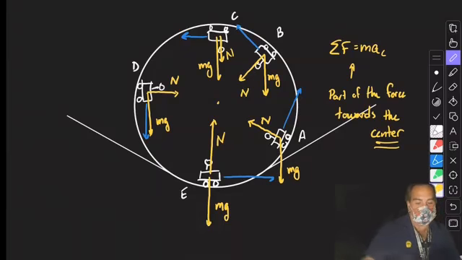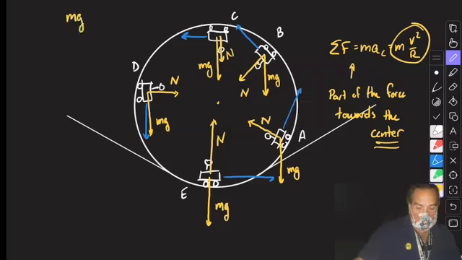In case you're going so fast, you need more force than what gravity alone can do, right? You go really, really fast as long as you have enough force to make you turn. But at the top, there is this possibility that you could be going too slow.